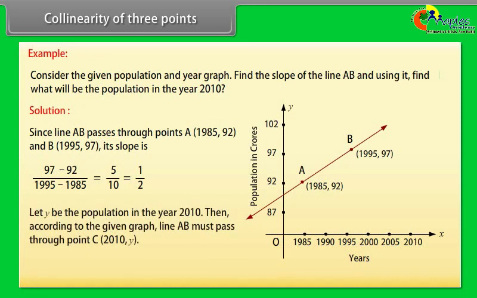Let Y be the population in the year 2010. Then according to the given graph, line AB must pass through point C (2010, Y). Therefore, slope of AB is equal to slope of BC.